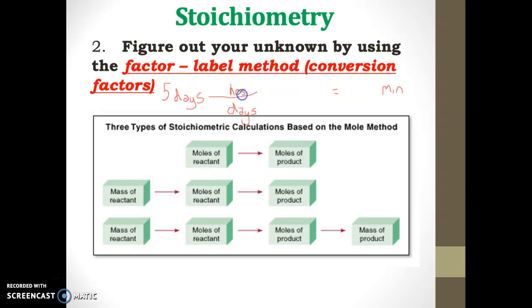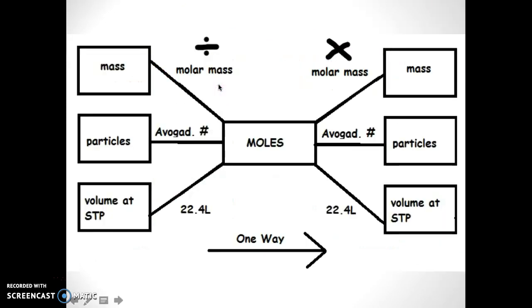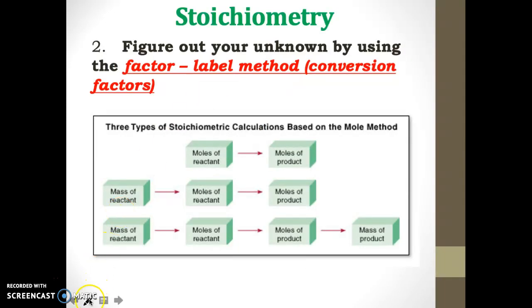So if I'm going from days to hours, I know 1 day equals 24 hours, and this right here is a conversion factor that I know. I know how to go from days to hours, with where I'm coming from going on bottom, where I'm going to going on top.